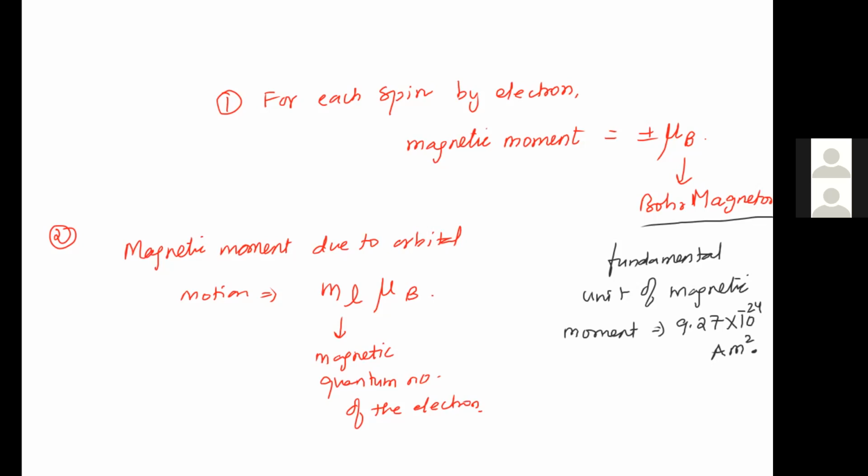Actually, the magnetic moment, whichever I'm talking about, is a vector quantity.